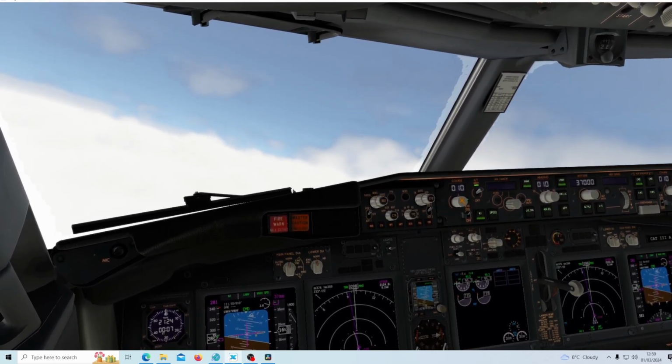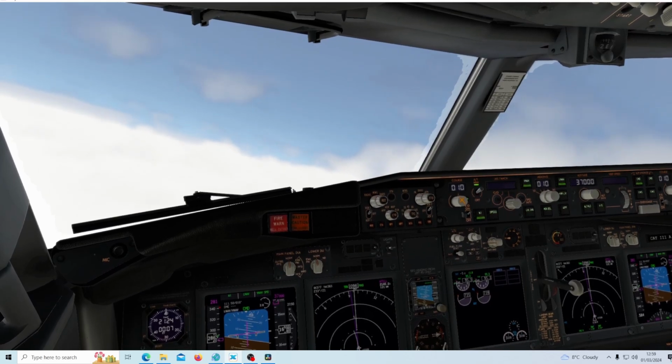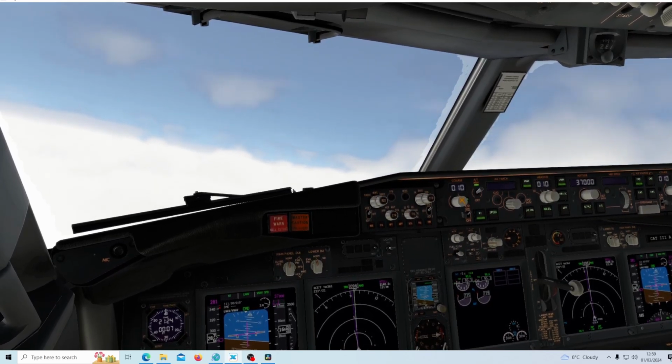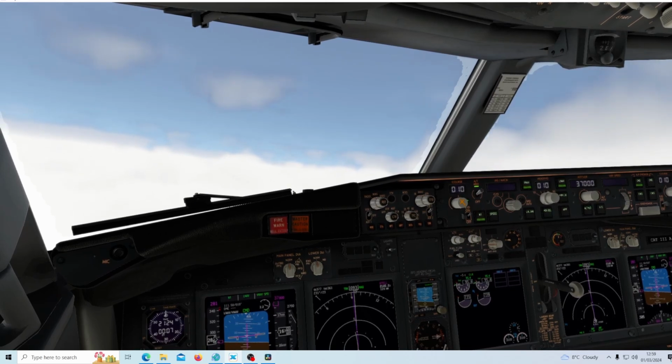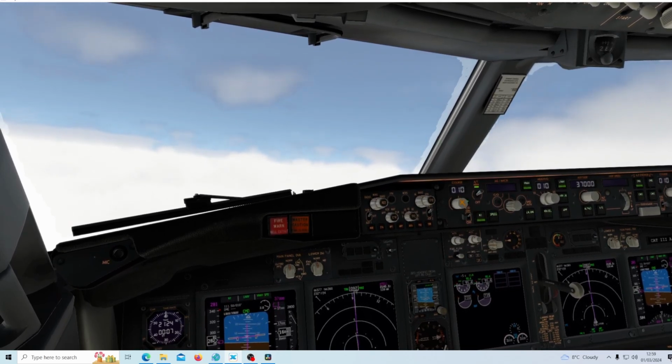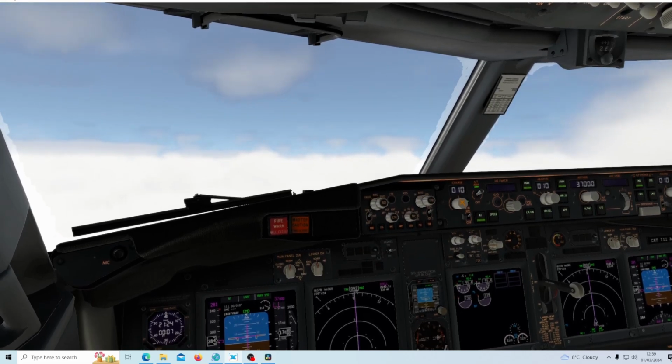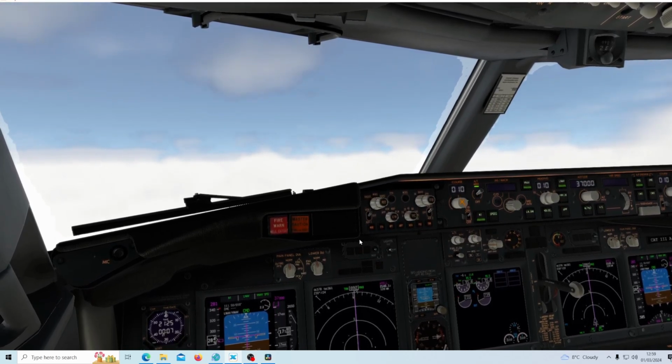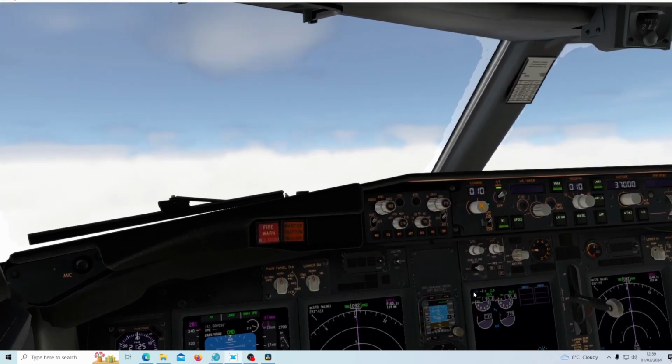You don't have to wait until you're totally clear of the cloud layer, but rather than switching it on and off as you're going through each little bank, just wait your time. You're quite okay.